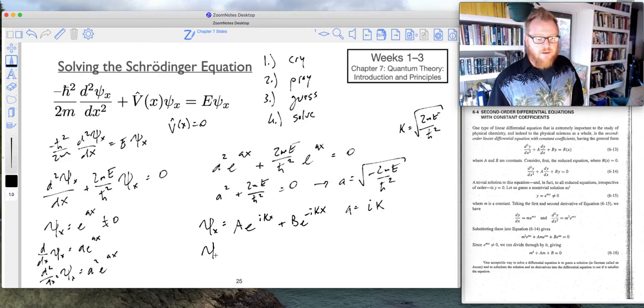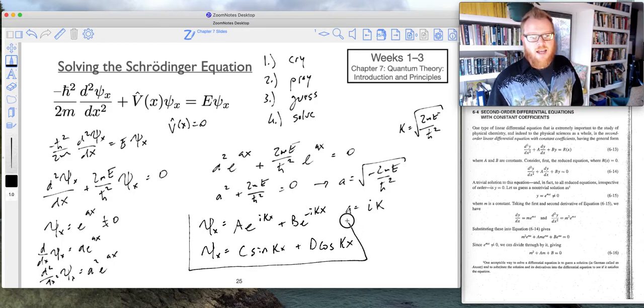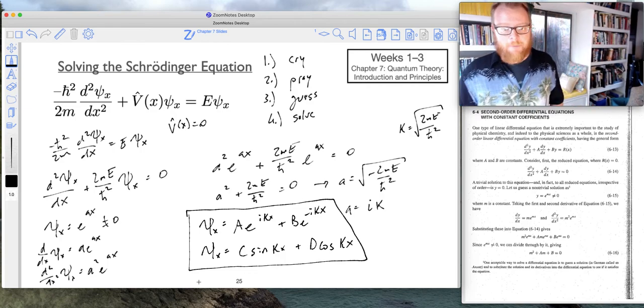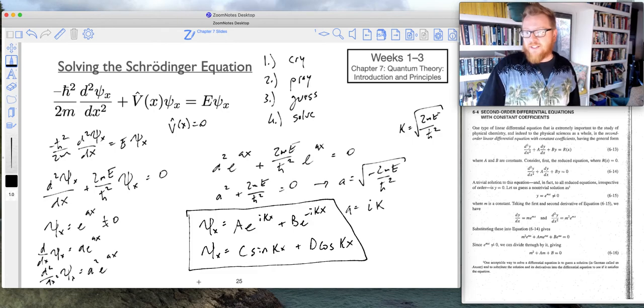And then, we know through Euler that it will be more practical to say that this is sine kx plus cosine kx. And I don't want you to worry yourselves for now with these a's, b's, c's, and d's. We will be able to figure those out in time, okay? We're going to solve them through the normalization process.